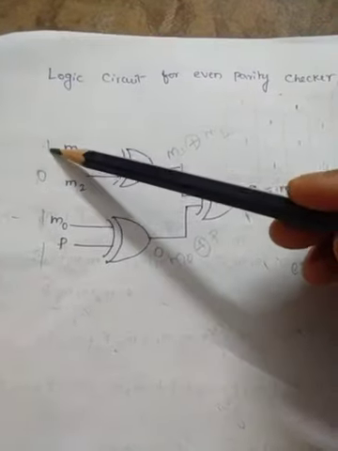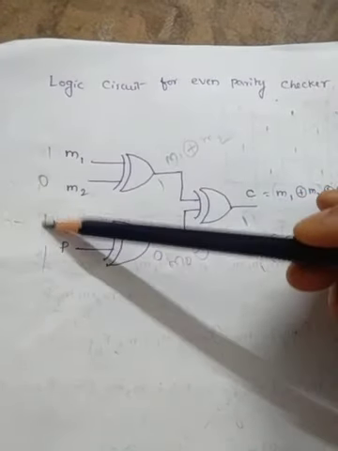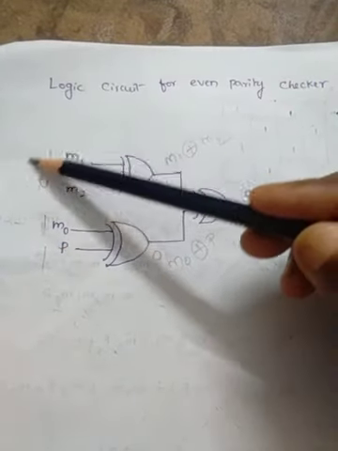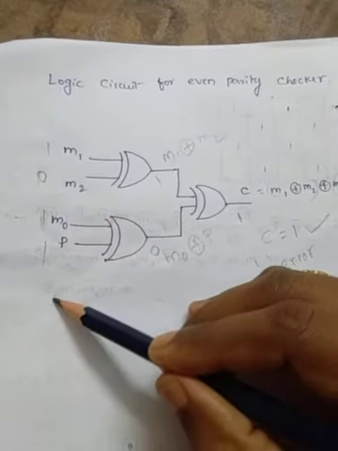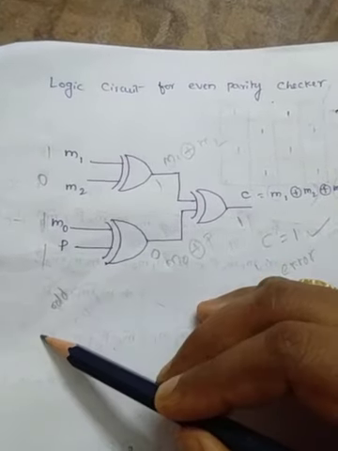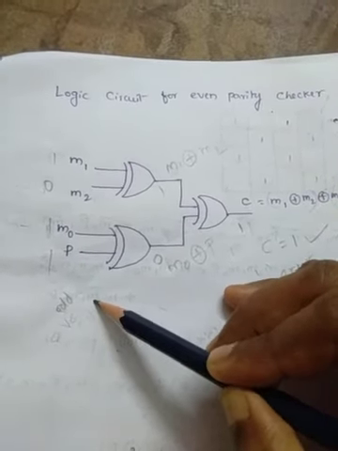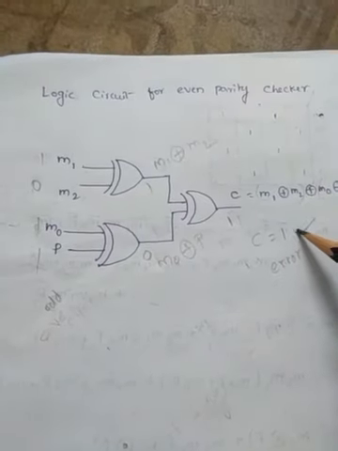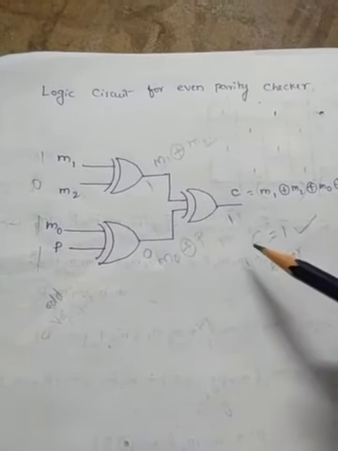The received data 1011 contains three ones, an odd number of ones, but we used even parity logic. So there is an error. So C equal to 1 represents there is an error in the received data.